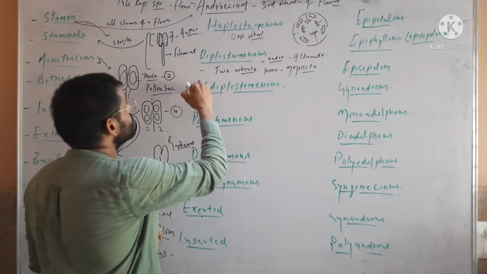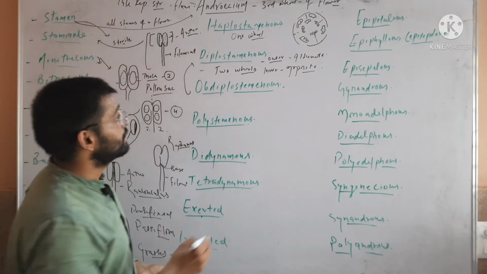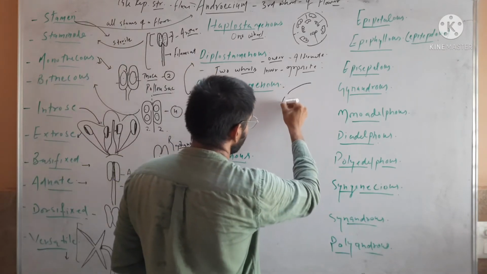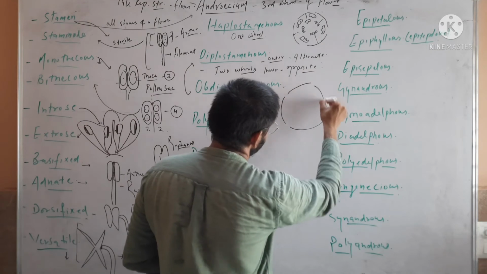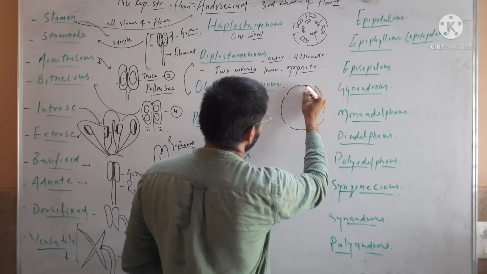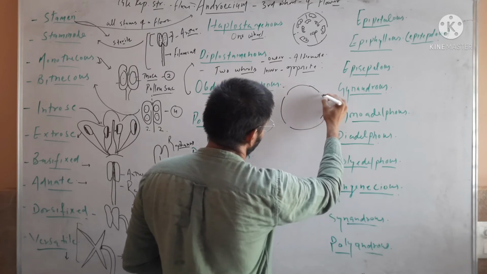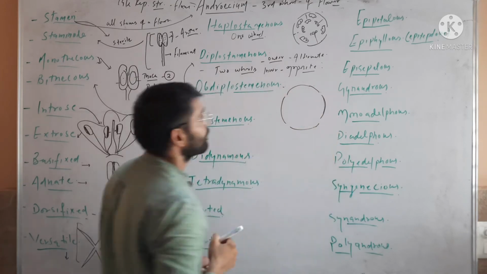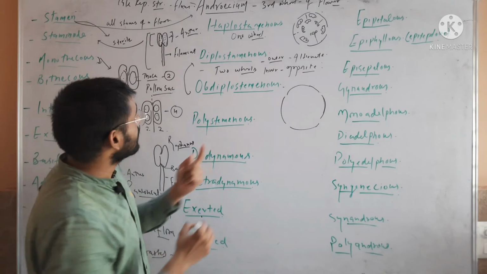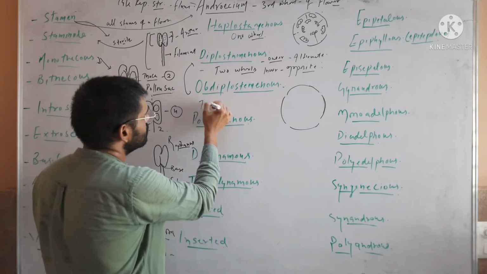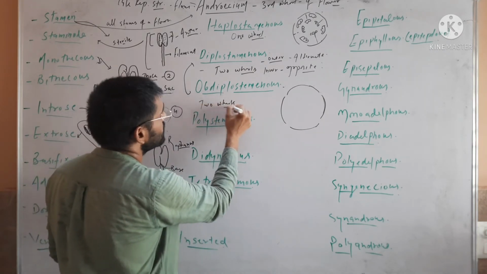Obdiplostamenous, it is just opposite to diplostamenous. In obdiplostamenous there are also two whorls of stamens.